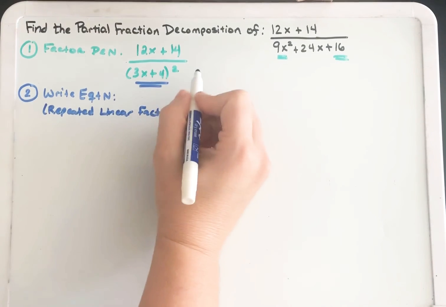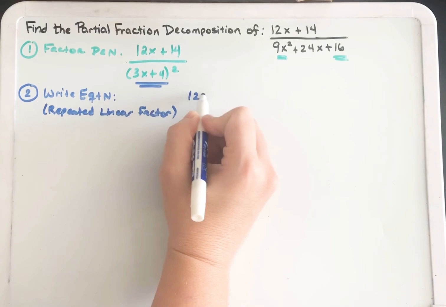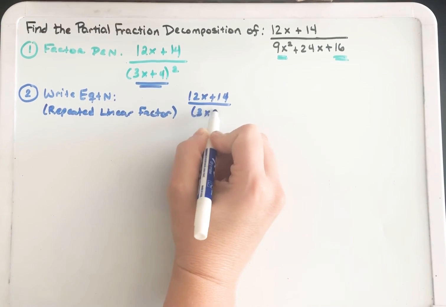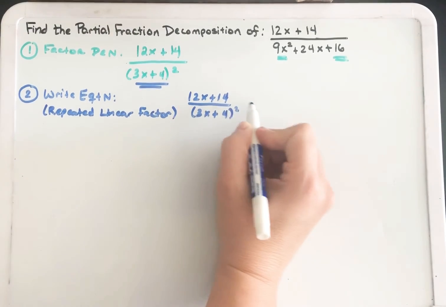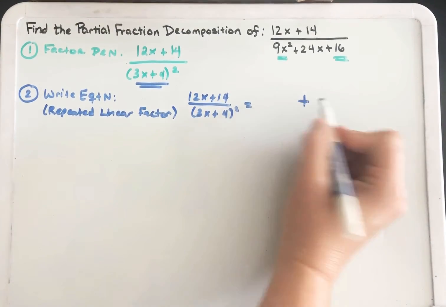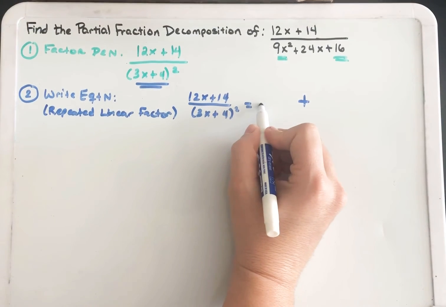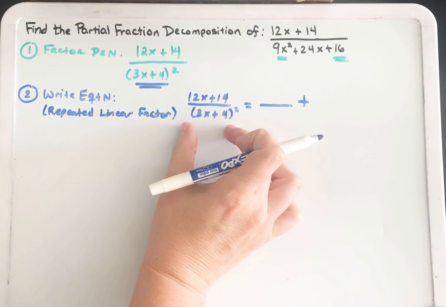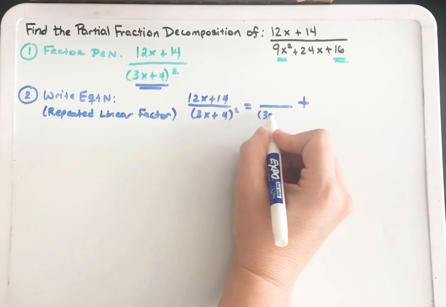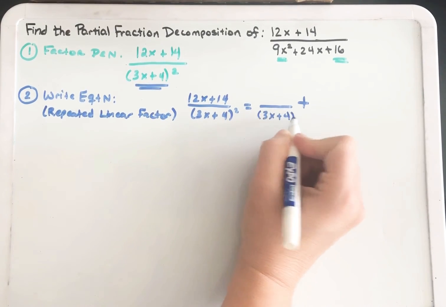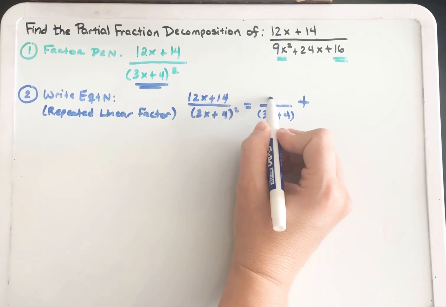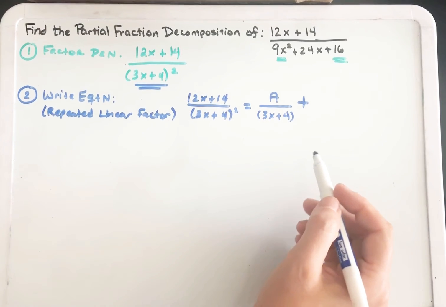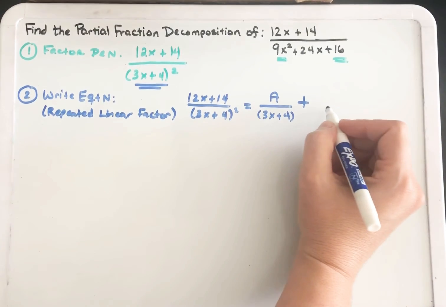That was when we would take the original 12x plus 14 over (3x plus 4) squared and set it equal to a sum of partial fractions where the first fraction has a denominator of the original factor without being repeated, just 3x plus 4. And because it's linear in nature, we just put a simple letter with no variable next to it, just the constant A, for example, as a placeholder that we'll solve for.